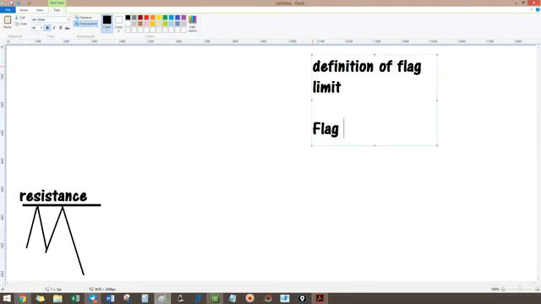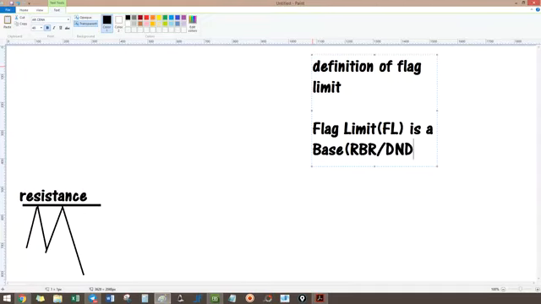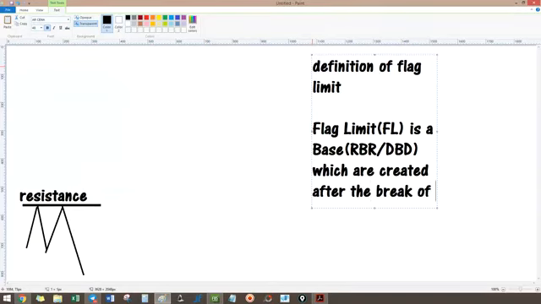Flat limit, or FL, is a base or rally base rally, or drop base drop, which are created after the break of support or resistance.